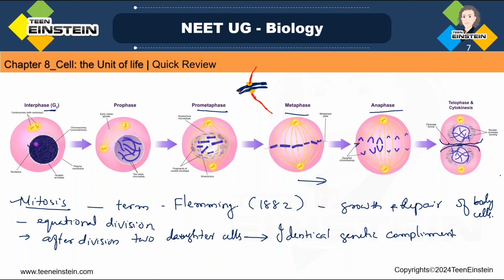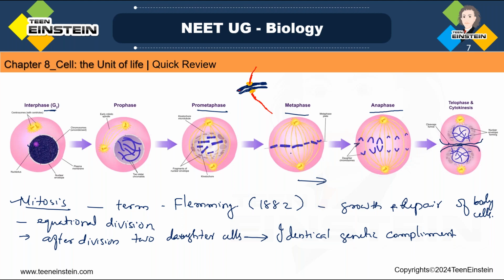Okay, you should remember in which stage each diagram is. If you are trying to remember everything with the help of pictures, it will be easy for you to get the answer. Try to remember all these figures, and it's very easy. First it is in non-condensed or uncondensed form, then it is getting condensed, then it is getting arranged in the middle portion, slowly coming to the middle portion, and the spindle is forming.